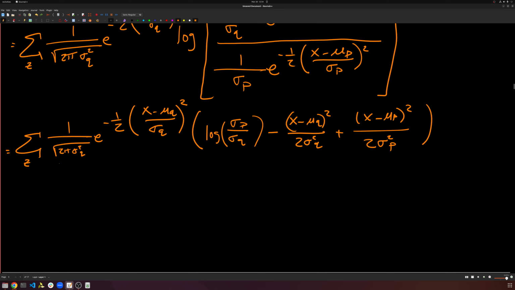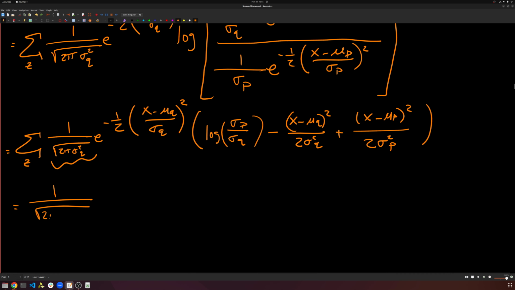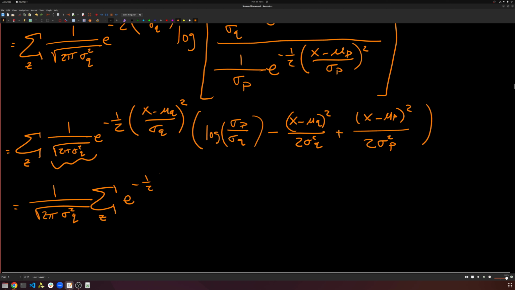So that should be good. Also, notice here, all of this stuff here is a constant, right? There's no z's in it or anything, so we can actually pull it out. So this will just be 1 over square root 2 pi sigma squared q. So that's fine for now. And then we're going to have our sum over z. And we still have our e to the negative 1/2 x minus mu q over sigma q squared.